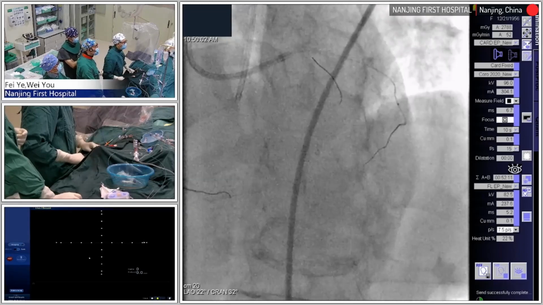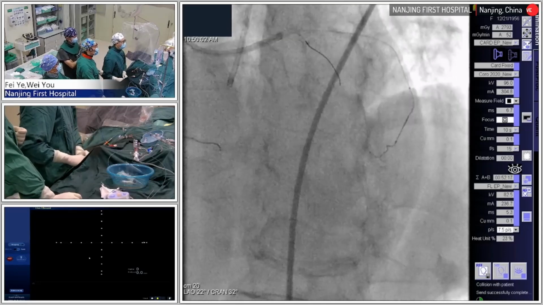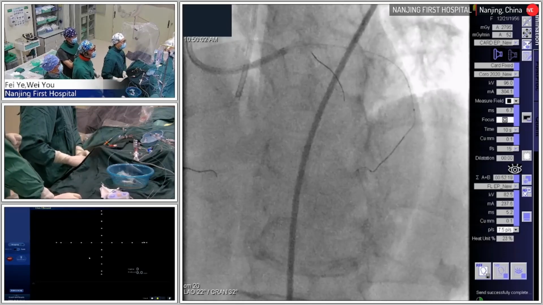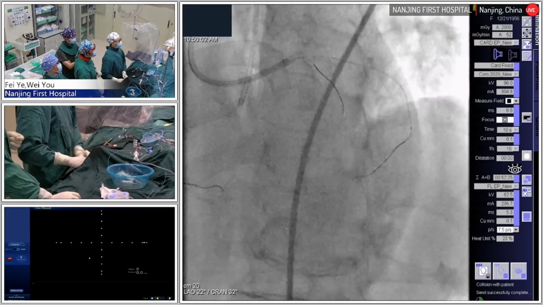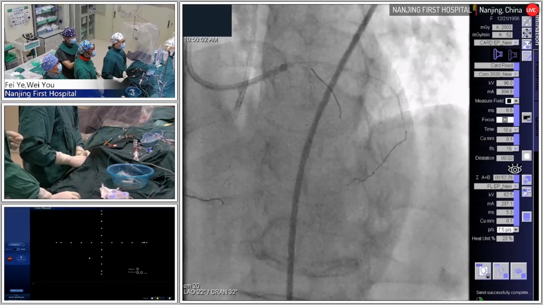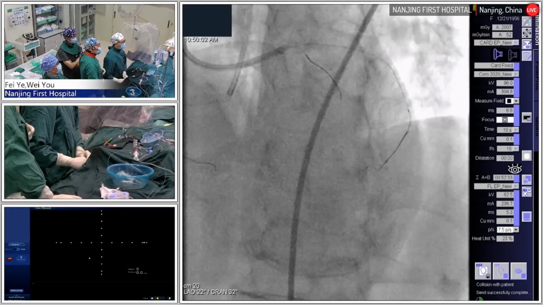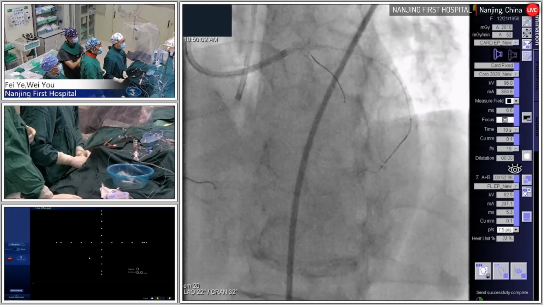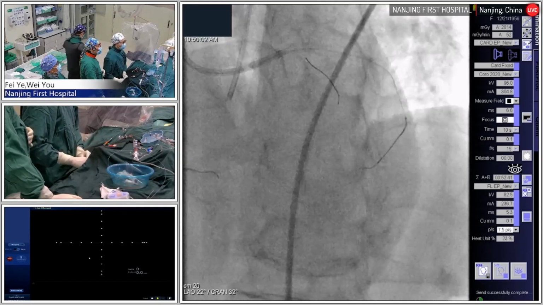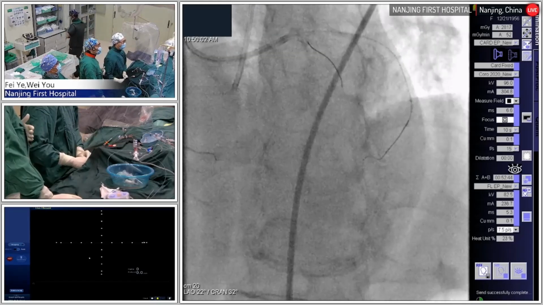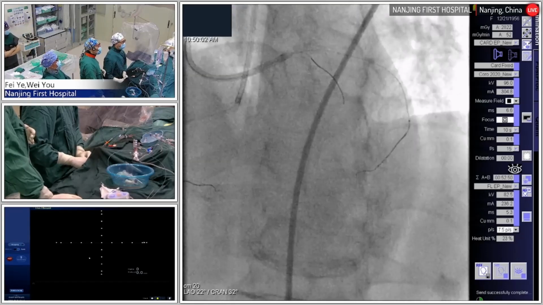Just because the tip of the wire got, I think the reason of the high resistance here is just because of angulation. If it still doesn't work, then septal surfing.